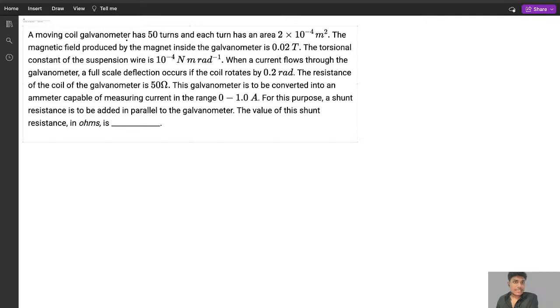A moving coil galvanometer has 50 turns, that is N is equal to 50, and each turn has an area, that is A is equal to 2 into 10 raised to power minus 4. The magnetic field produced by the magnet inside the galvanometer is B equal to 0.02 Tesla.